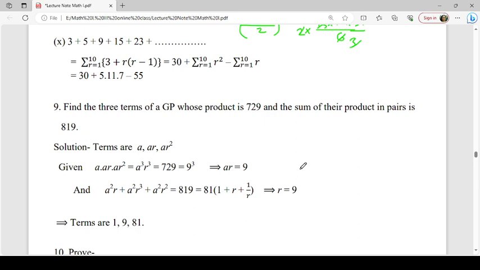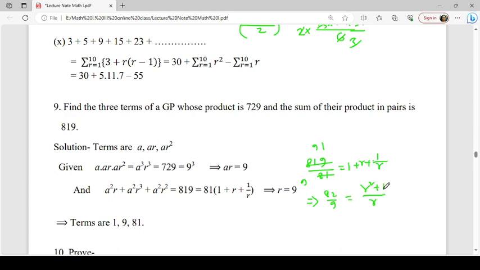Then we have 819 by 81 is equal to 1 plus R plus 1 by R. Then we subtract 1; it is divisible by 9, this is 91 by 9 minus 1, it is 82 by 9, equal to R square plus 1 over R.